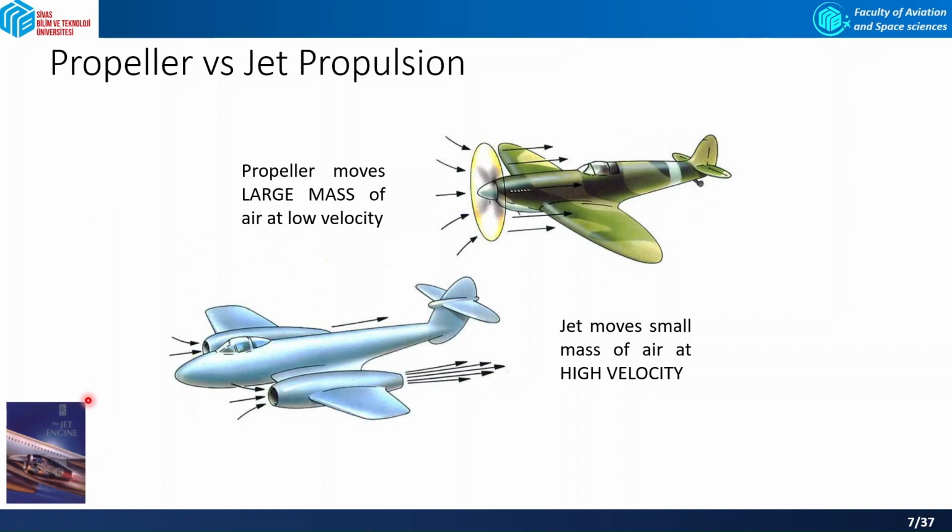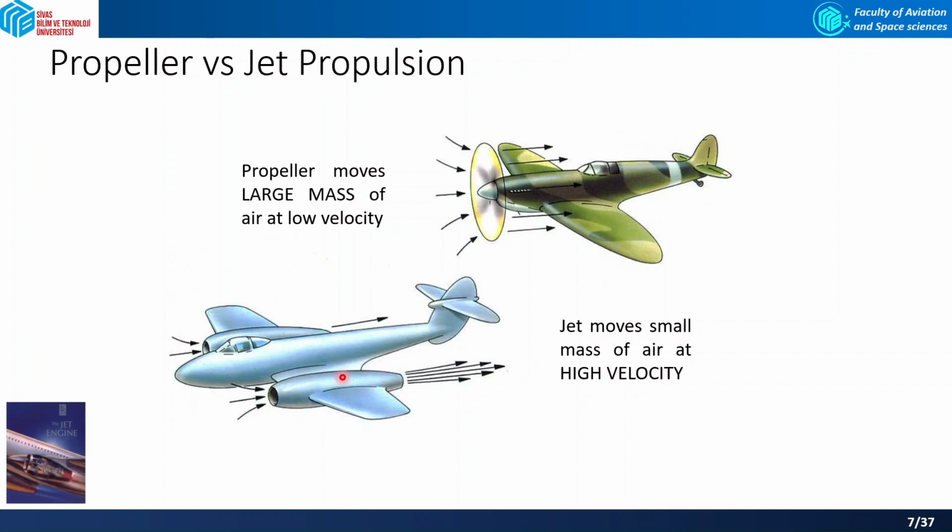You can have this book also, and you can look at it. There is a mechanism of providing thrust force on both airplanes, as you know. One is by propeller, and another one is by a jet engine inside this nacelle.